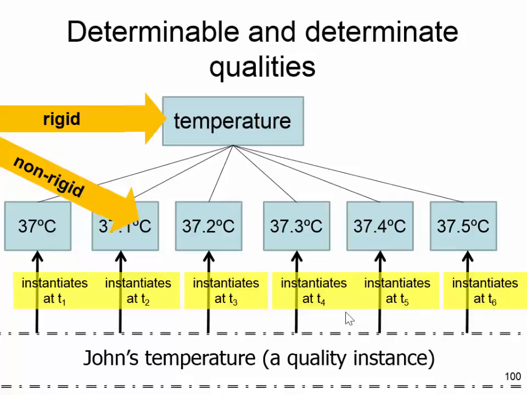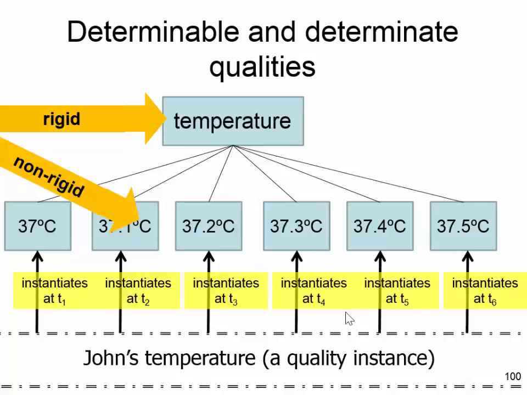So John's temperature instantiates at a certain time this subtype of the more general type temperature, but at other times it instantiates other subtypes. And so John's temperature cycles through different subtypes of the supertype temperature. And notice that there are no sharp boundaries between these subtypes. They form a continuum.